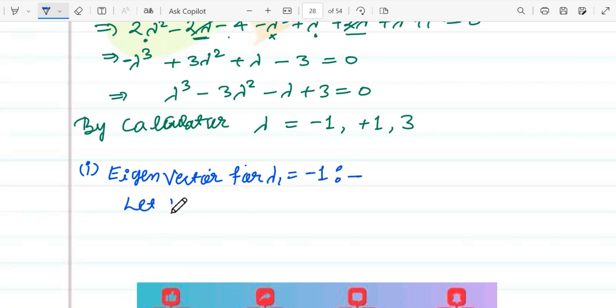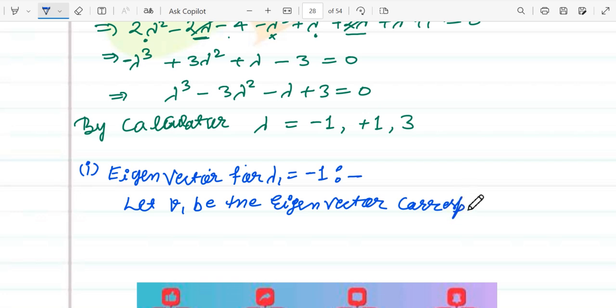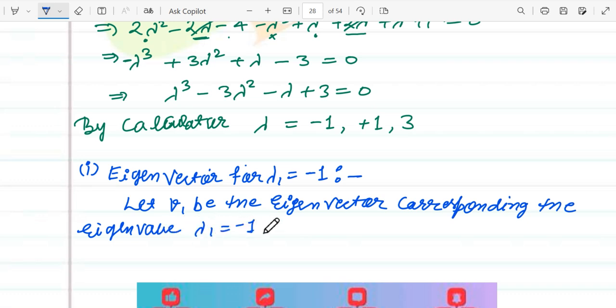Let v1 be the eigenvector corresponding to the eigenvalue lambda 1 is equal to minus 1.